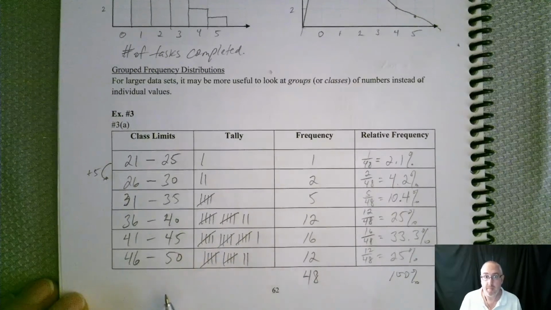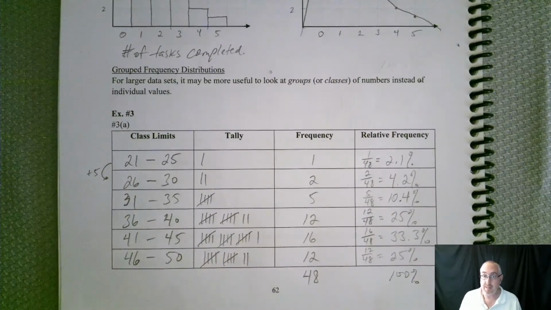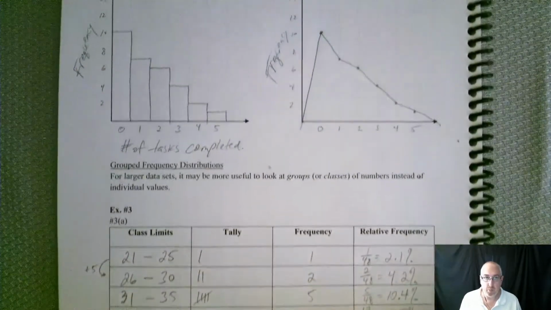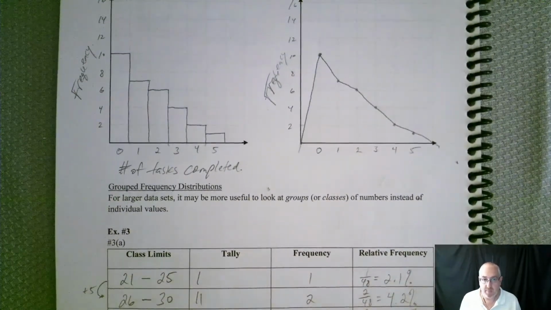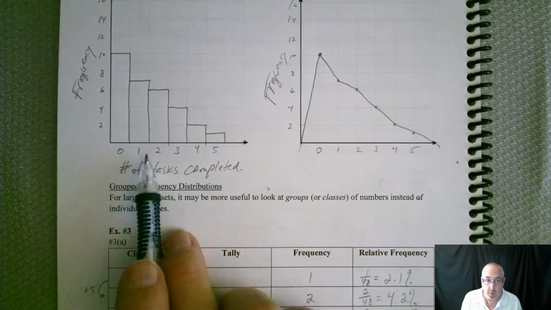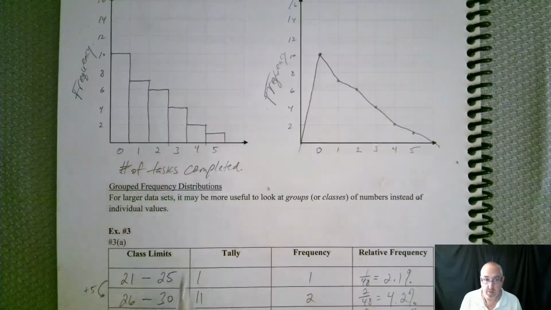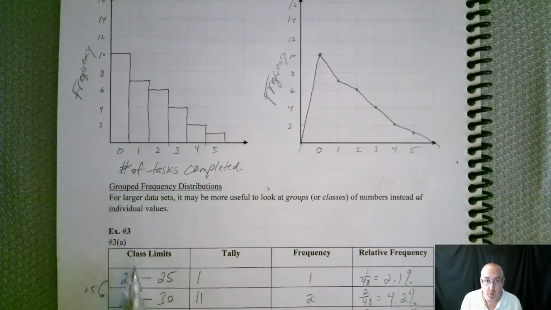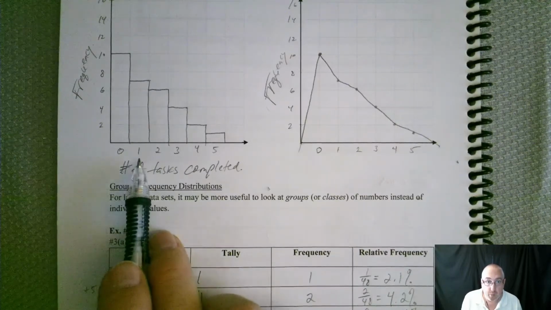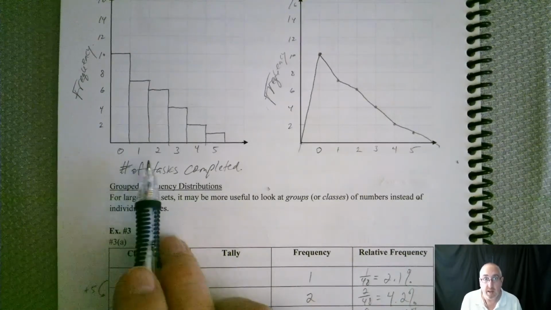you should be able to get your classes set up correctly. All right, so we're going to skip part B and C, which is the histogram and the frequency polygon, but it's going to be very, very similar to what we did up here. The only difference is we're going to use the entire class in place of where we placed our individual values here. So our first one would have been 21 to 25 here in the middle, and the next one would have been 26 to 30, and so on.